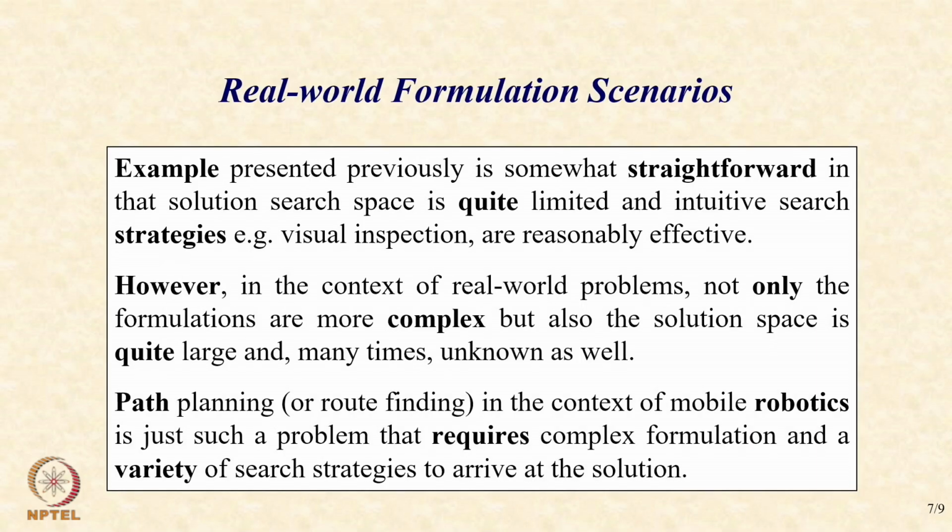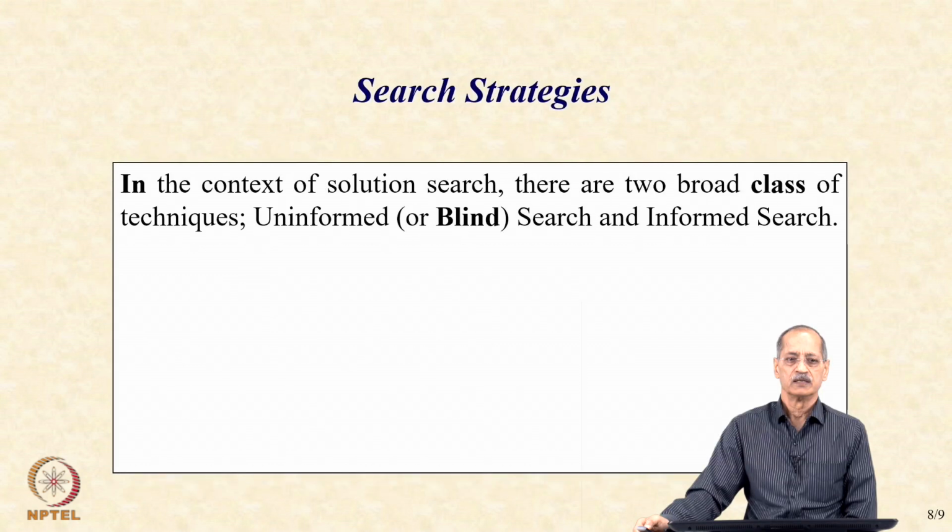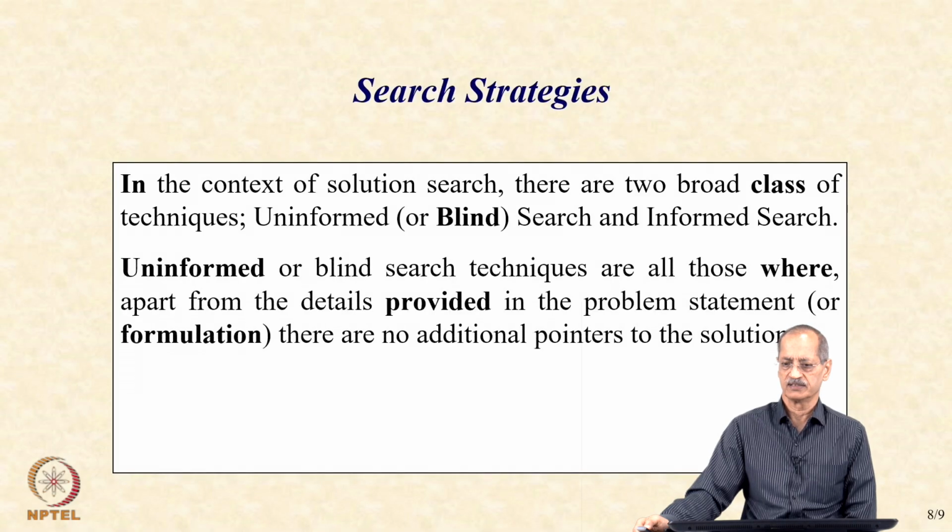For example, path planning or route finding in the context of mobile robots in an unknown building or unknown space is just such a problem that requires a complex formulation and a large variety of search strategies to arrive at the solution. In this context of search strategies now, we are going to introduce 2 broad classes which we are going to discuss further in subsequent sections.